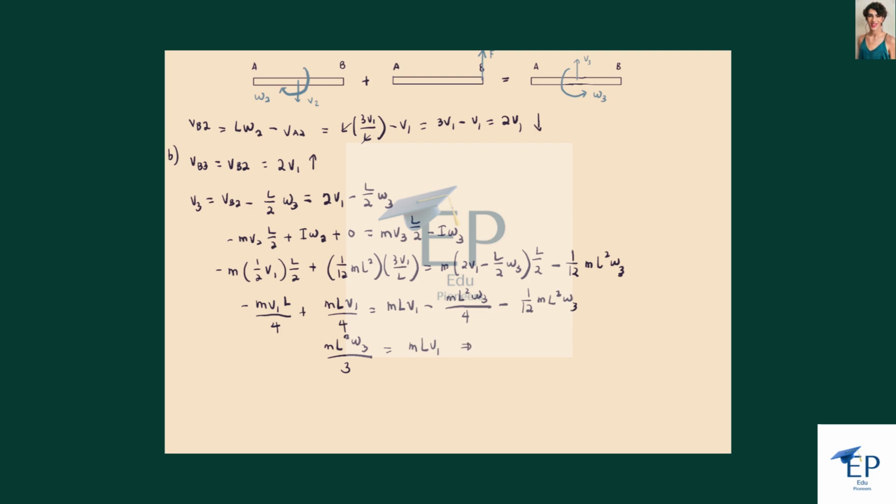So omega 3 is equal to m l v1 times the reciprocal, 3 over ml squared. So that would be equal to 3 v1 over L, in the counterclockwise direction.